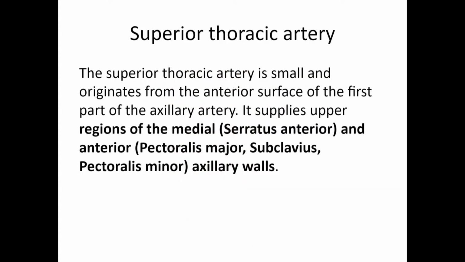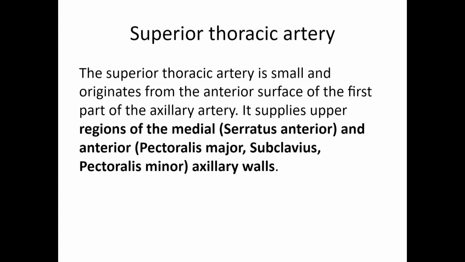Okay, so now let's continue and discuss the first branch of the first part of the axillary artery, and this is the superior thoracic artery. As you already saw, and we will see once again, the superior thoracic artery is a small branch and originates from the anterior surface of the first part of the axillary artery.